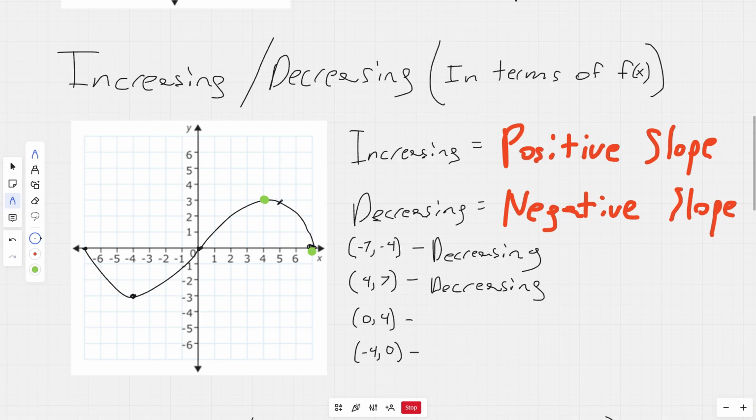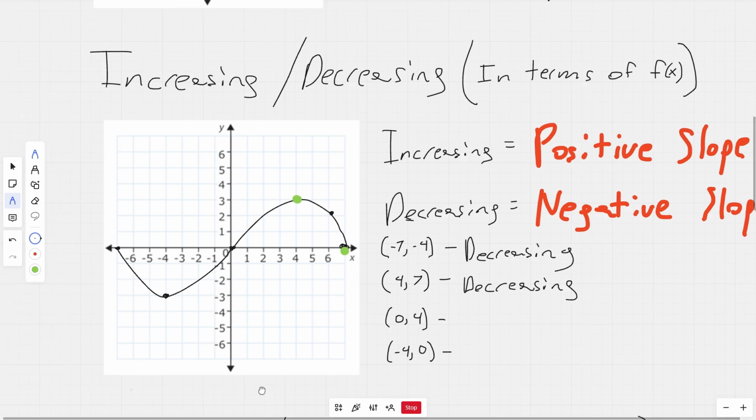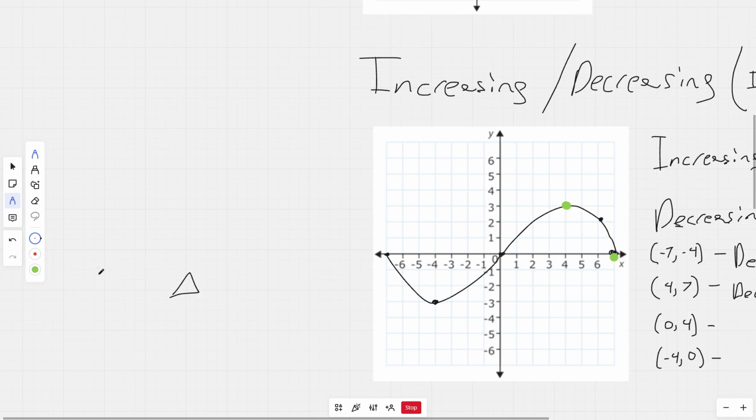Now, you could do the tangent line trick where you say, okay, let's pick a point here, and then let's draw a line like that. I don't like to think of it as a tangent line. I like to think of it as, imagine this is like a hill, and you're putting a point, and imagine that point is like the triangle of a seesaw, and you're just trying to make it as close as possible to being straight.